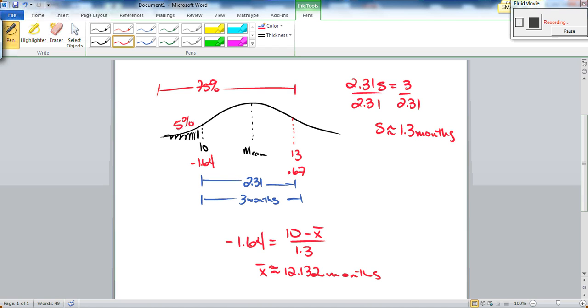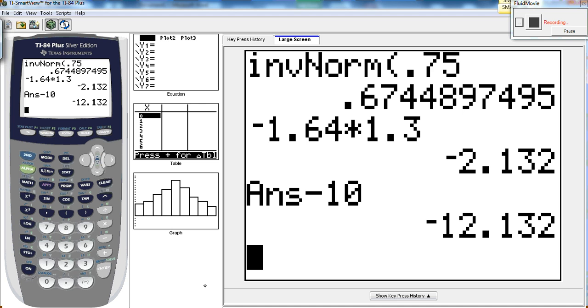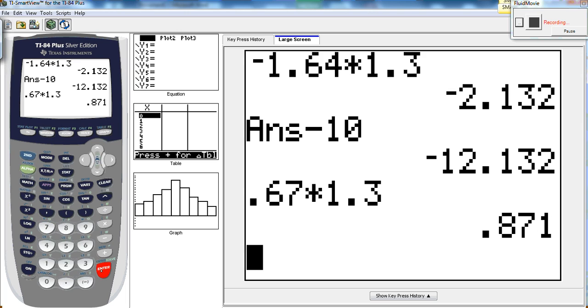Another way you might want to look at it, 13 is approximately 2/3 of a standard deviation above the mean. Given that our standard deviation is 1.3 months, if we take 0.67 times 1.3, that 2/3 of a standard deviation converts to approximately 0.871 months.